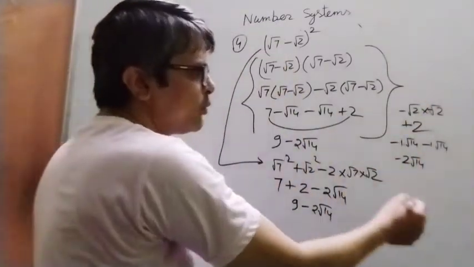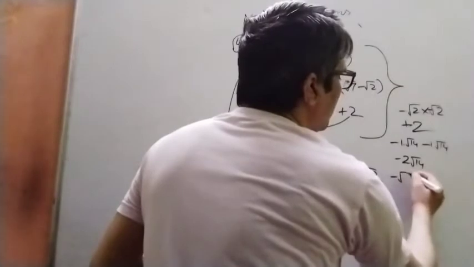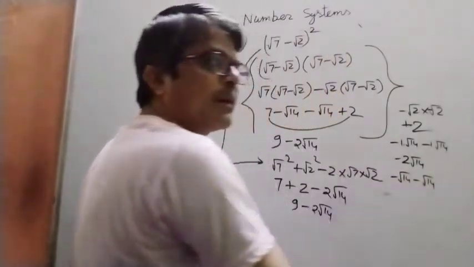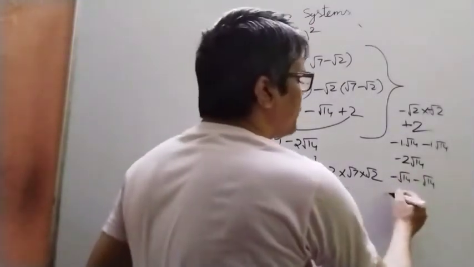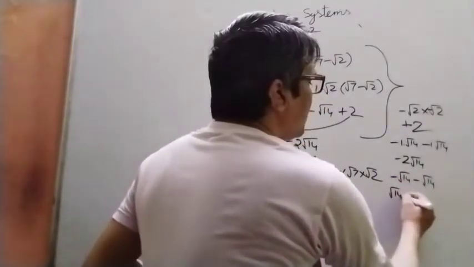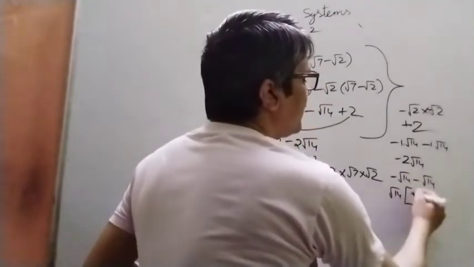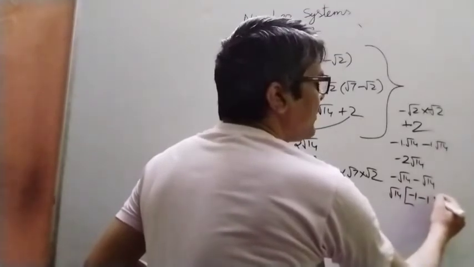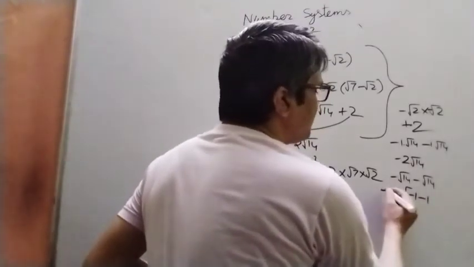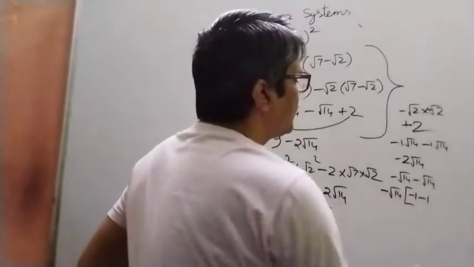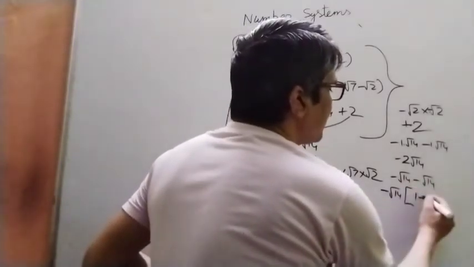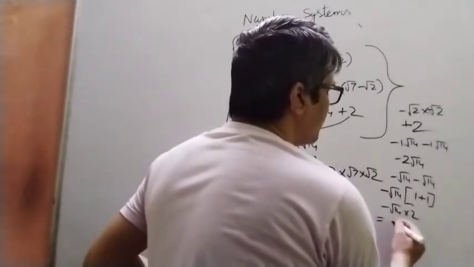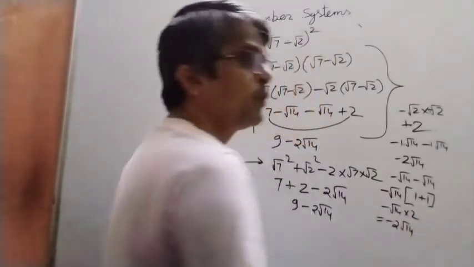And the most important thing, why is minus under root 14 minus under root 14 equal to minus 2 root 14? Just take common from these two. What will be the common? Under root 14. What will remain here? Minus 1. Here also minus 1. And if any student takes minus under root 14 common, what will be here? Plus 1 and plus 1. Minus under root 14 into 2 is equal to minus 2 under root 14.